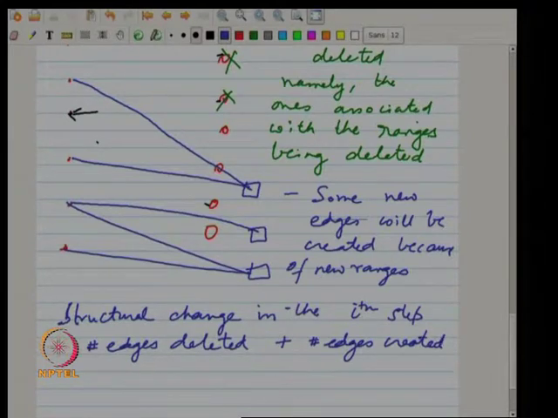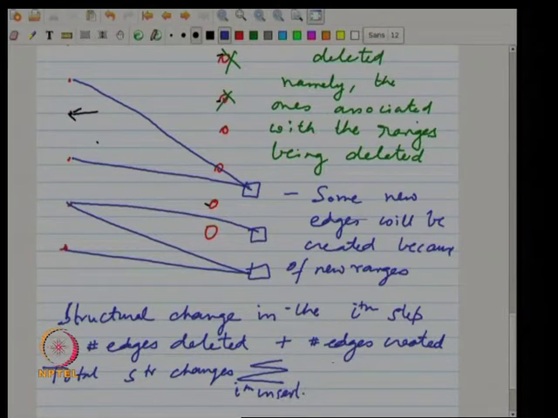This is the ith step, okay. And then when we sum this up, the total structural change will be over all insertions, the ith insertion, the same thing, number of edges deleted plus created, okay.